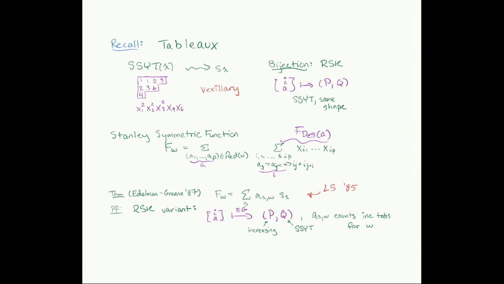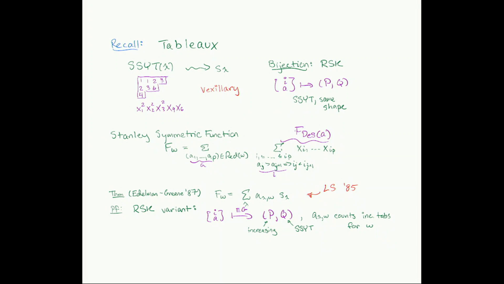Your P object is what's called an increasing tableau. It's strict in both directions. Your Q object is a semi-standard tableau, so not strict in the rows. And then this a lambda w coefficient counts the possible P for a given tableau. And we'll do an example of that momentarily.